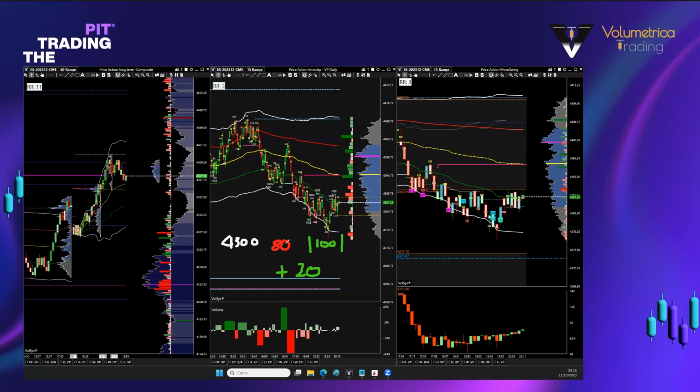Okay, so delta in this case tells us two pieces of information: who is more aggressive, buyers or sellers, and how aggressive they really are compared to the other side. In this case, we have 20 over a total of 180 contracts exchanged over that price tick.